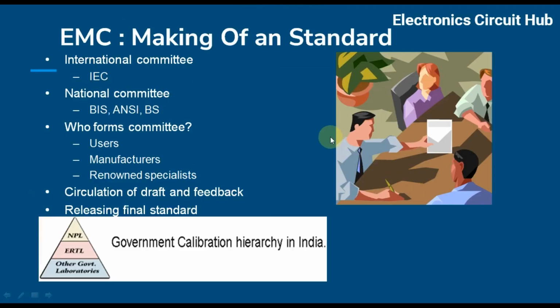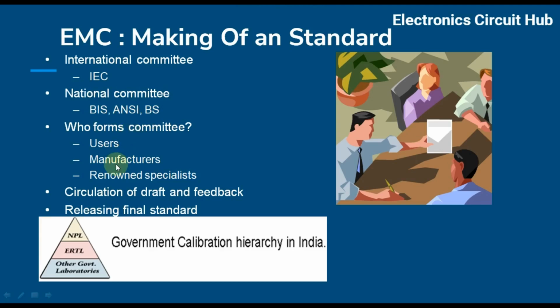Let us understand the making of a standard. Who makes the EMC standard? Who defines the limit for different test cases in EMC? So IEC, the International Committee, decides the EMC standard. Some national committees also decide the EMC standard, like BIS, ANSI, BS. Who forms the committee?